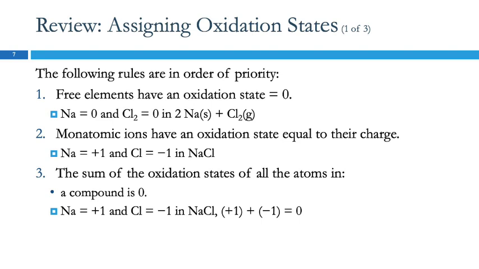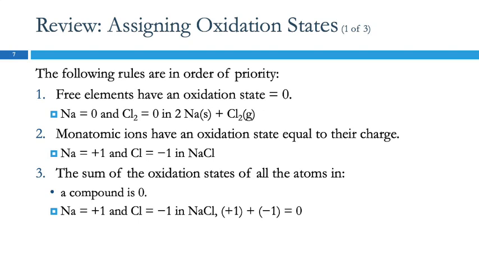So any element, chlorine, Cl2, does it have an overall charge? Nope. Oxidation state is 0. Monatomic ions have an oxidation state equal to their charge. So the sodium ion is +1. Its oxidation state is +1. The sum of the oxidation states of all the atoms in a compound is 0.